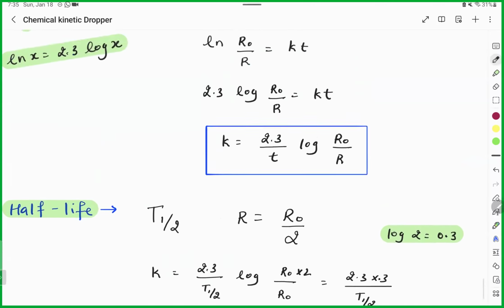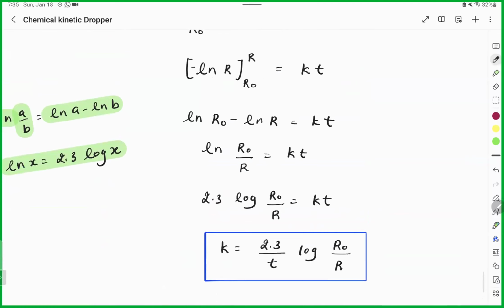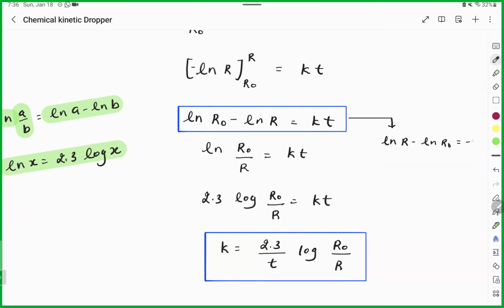And you can take antilog also. From this equation, can you also write, I am just telling a different equation, natural log R minus natural log R naught is equal to minus KT.